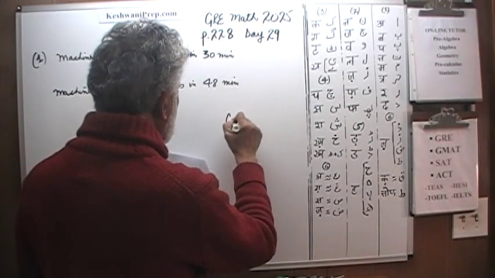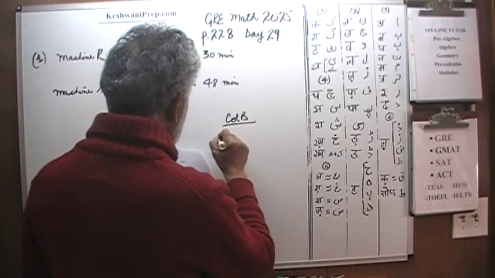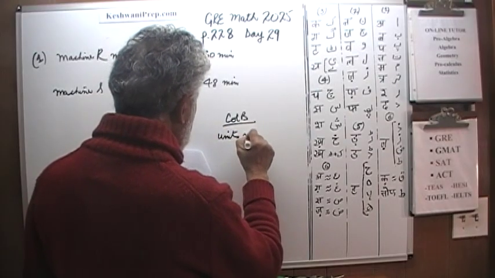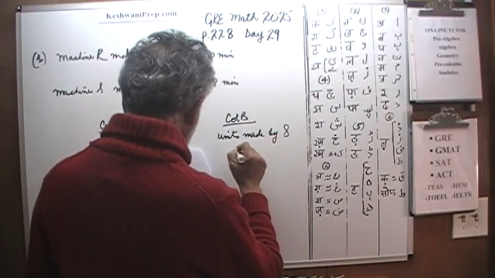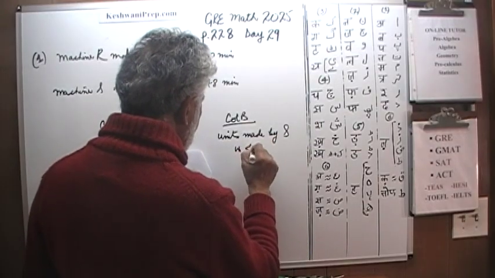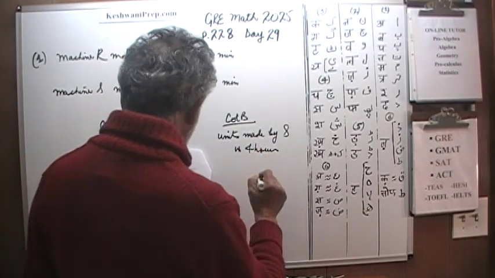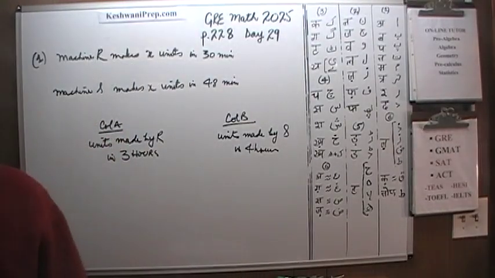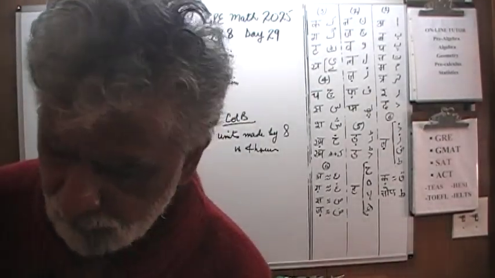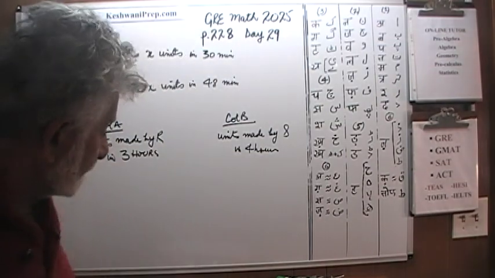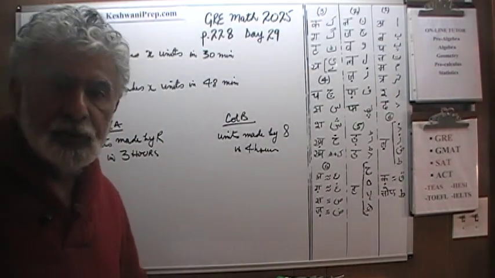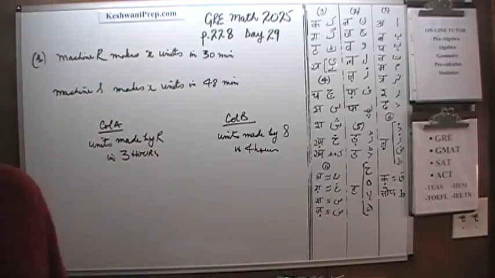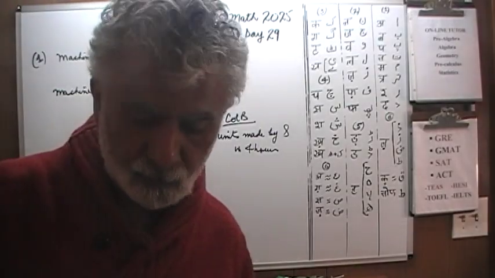And in column B, we have units made by S in 4 hours. Go ahead, pause the video, do it yourself. I insist that you pause the video and try it yourself first, and then we'll compare your work against the work that you and I will do together. I'll give you a second to be able to pause and unpause the video.